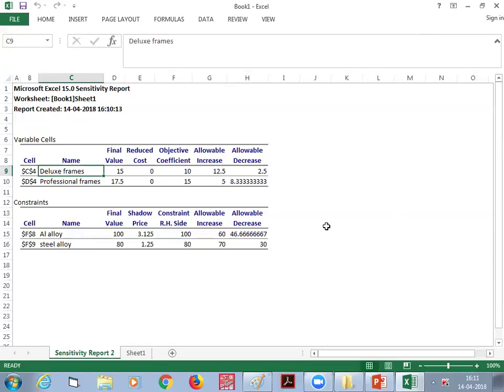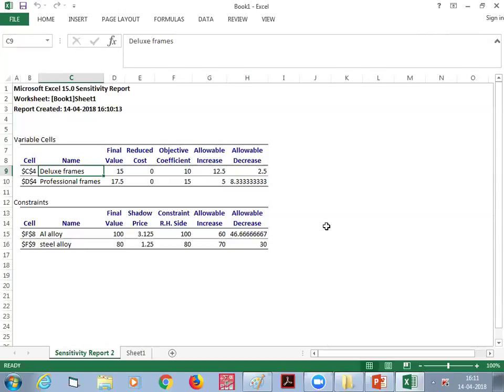Okay, now what are the coefficient ranges? For C1, for deluxe frames, it can go down to 7.5 up to 22.5. So as long as profitability of deluxe frames is between 7.5 and 22.5, without changing profitability of professional frames, this solution remains optimal.